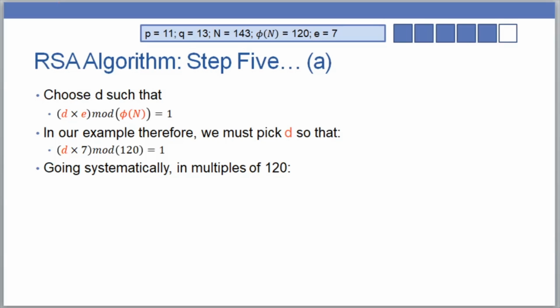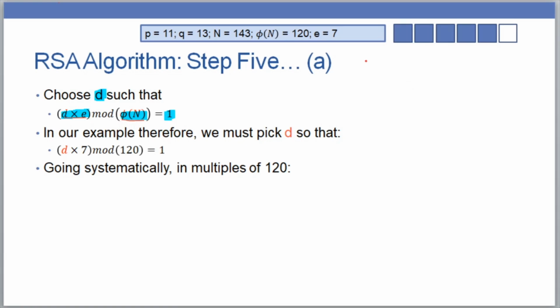Going on to step 5, we now need to choose a new variable, d, such that d times e mod phi n equals 1. The definition of mod or modulo is the remainder left when the first value, so in this case d times e, has been divided by the second, so phi n.